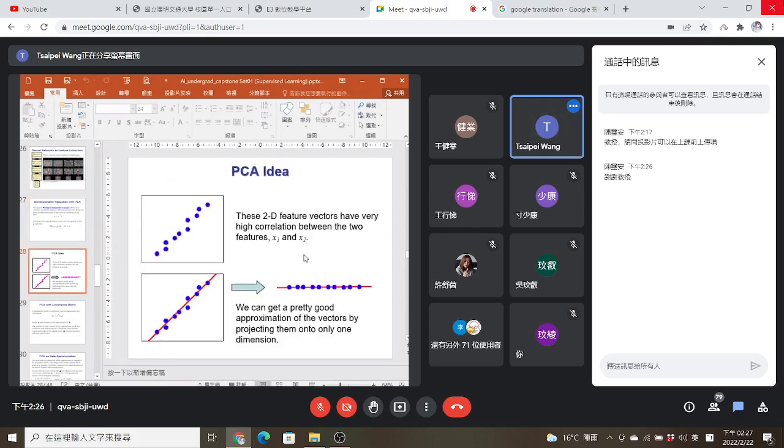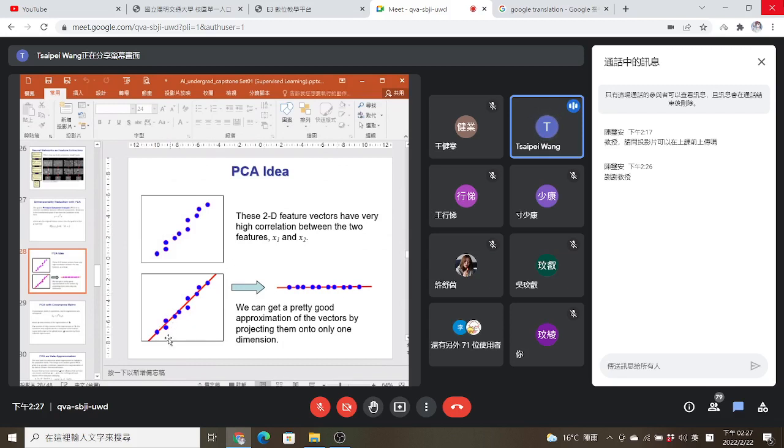So if we have samples like this in 2 dimensions, we try to find the principal components like this. From the top view, the 2 dimensions are highly correlated. So in some way, there's some redundancy in terms of the information they can carry.